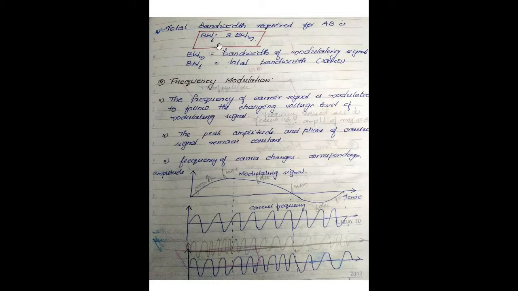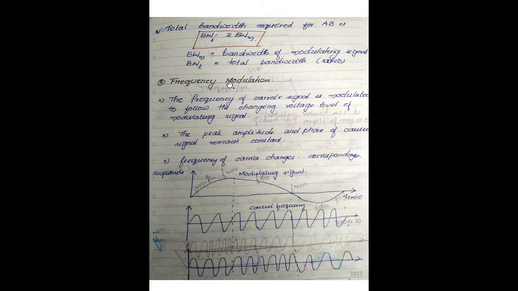Bandwidth total, BT, of the amplitude modulated signal is equal to 2 times the bandwidth of the modulating signal.